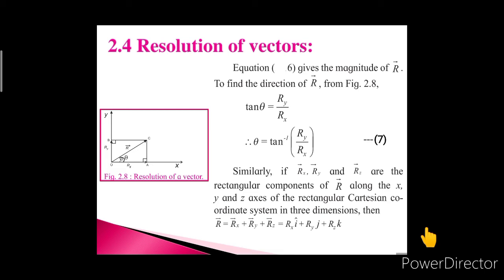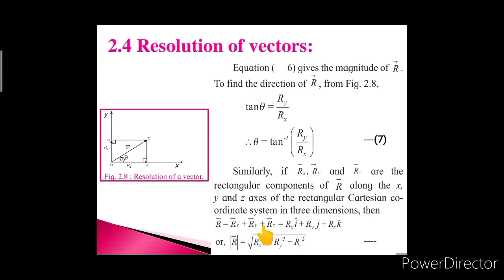Then the magnitude of the vector r is to be obtained by means of the same method. First of all, the vector r is to be resolved into its 3 components, rx vector plus ry vector plus rz vector. Then this is to be written in terms of its unit vector.